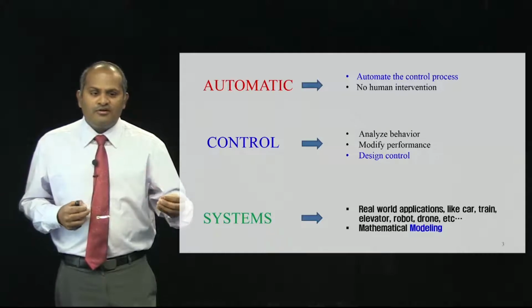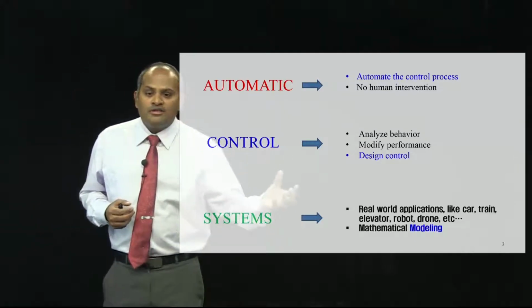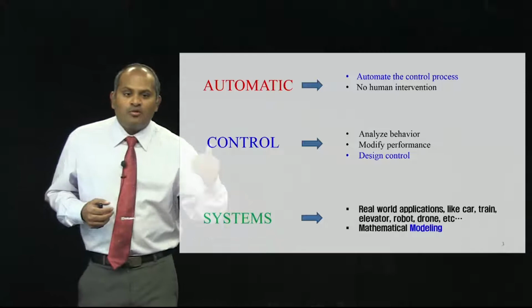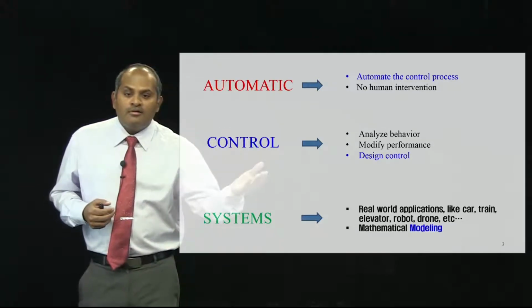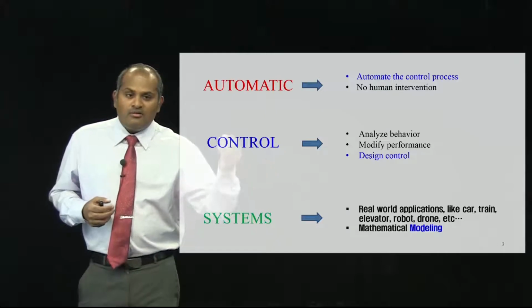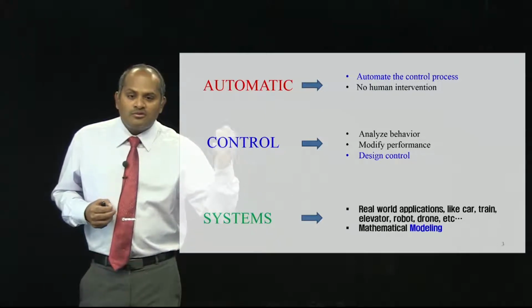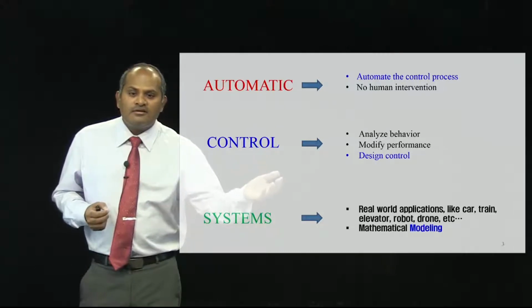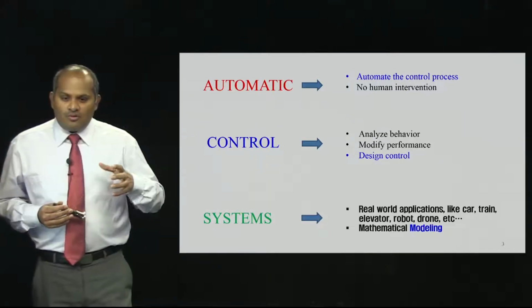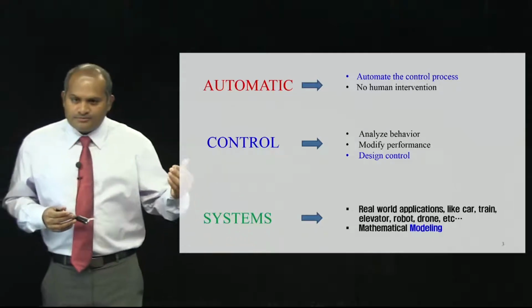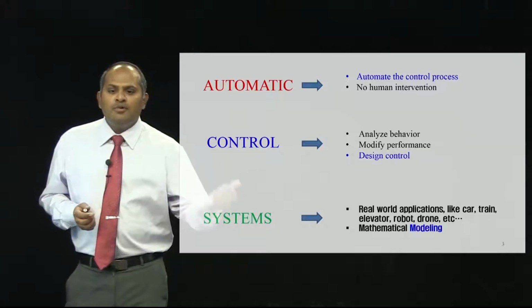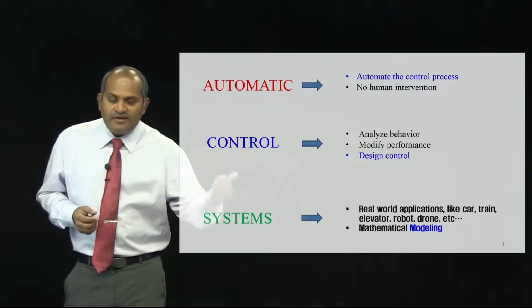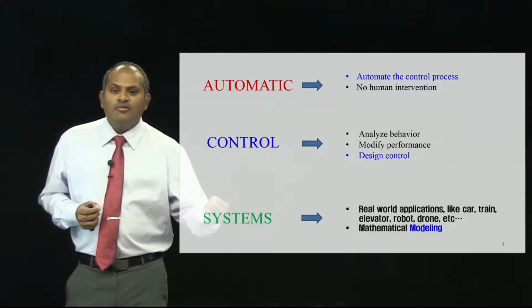In engineering control, we try to control the real system to provide better performance, and we also analyze the system to provide much better results. Once we analyze the system after modeling, our aim is to improve the system, so improve its behavior so that it will give you better results.